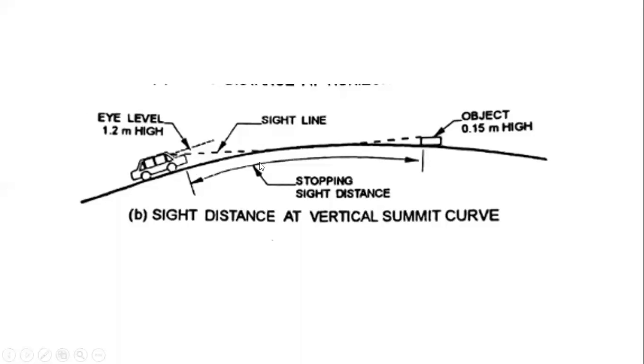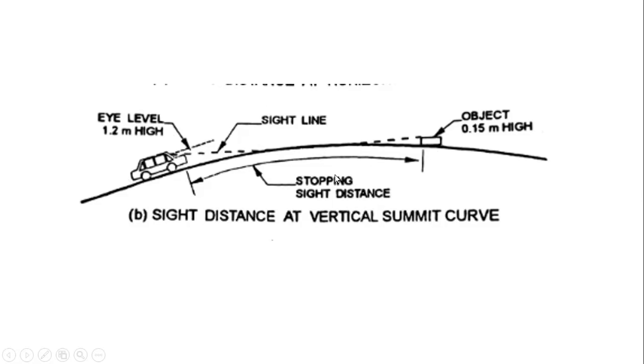That is because you have too much upward slope, correct? So this portion of the upward curve or the summit curve is actually blocking the sight distance of the driver. So what will happen to the driver sitting in this car? He'll not be able to see the vehicle coming from the other side, right? So that's the scenario here actually.